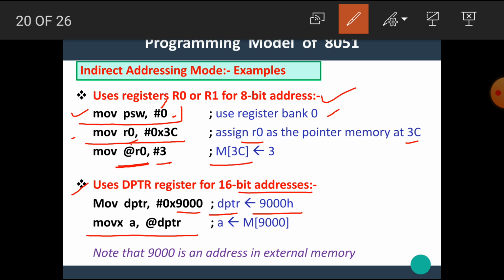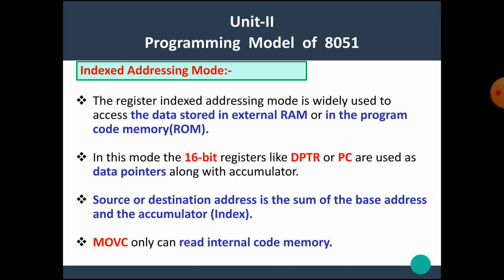That means the data pointed by the DPTR, that means the data in 9000H, is now moved to the accumulator. Here the MOVX instruction is used, that means we used the external operation. Note that 9000 is an address in the external memory.